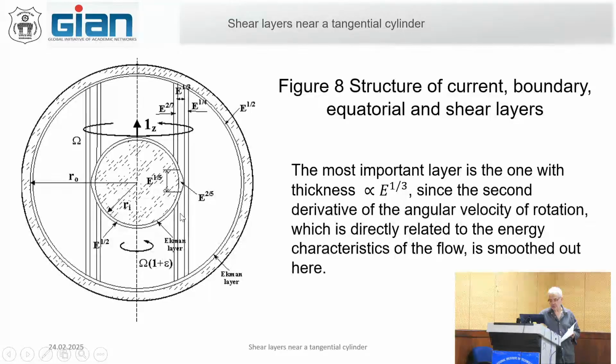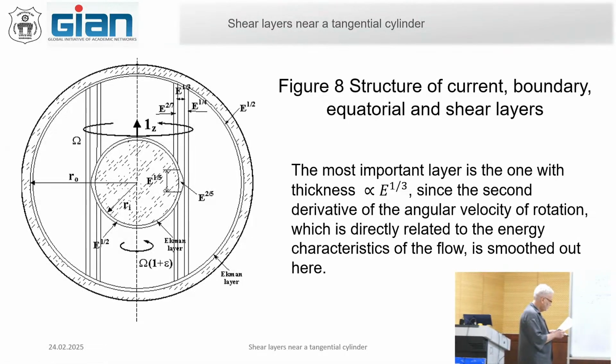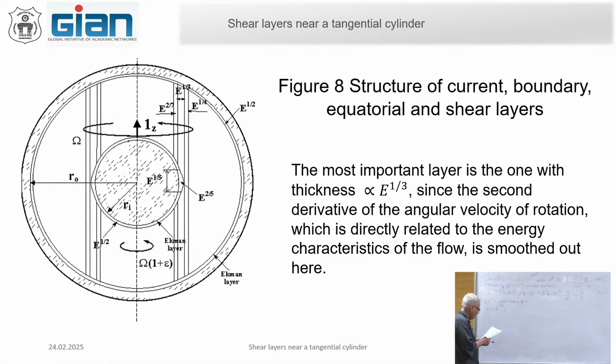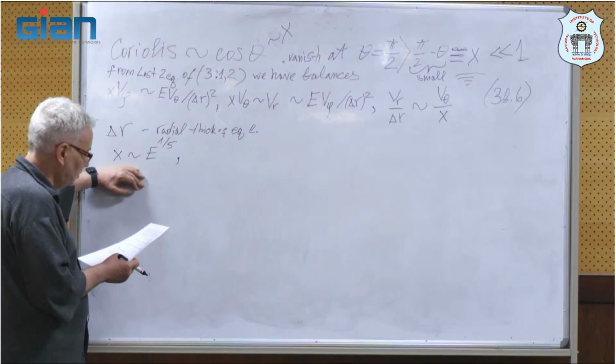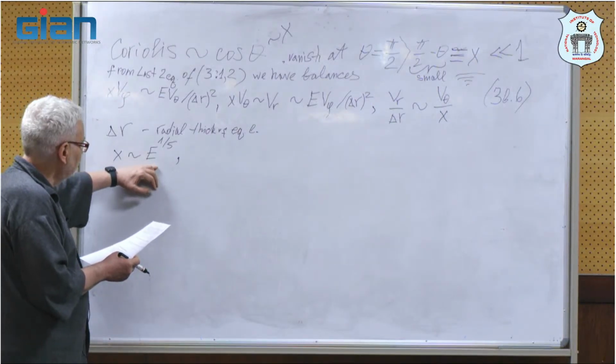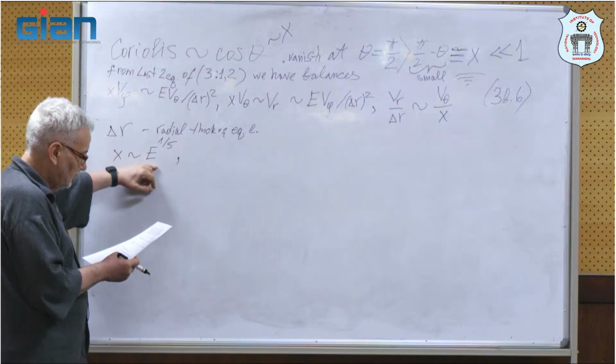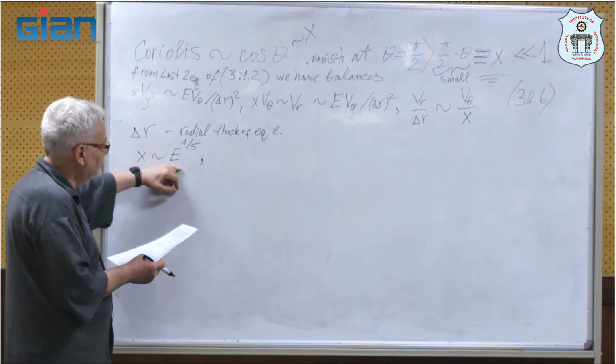All the length of all this shear boundary layer, equatorial. But if we consider the next stuff, the thickness of the equatorial shear layer, which is actually associated here with x, is e to 1/5, if we consider all the previous balance which I showed.